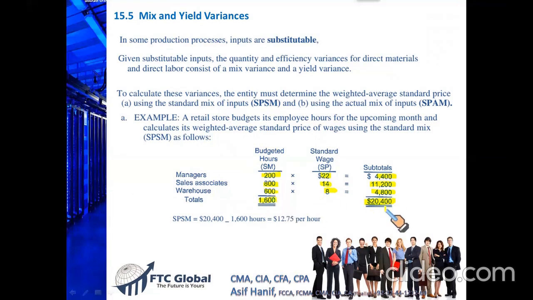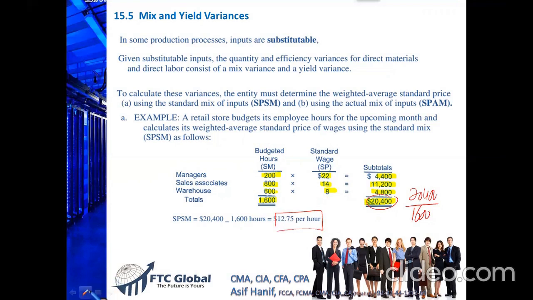Now, if you calculate the average rate, 20,400, our total estimated cost, divided by the total estimated number of hours of all these together, 20,400 divided by 1600, gives us 12.75, which is given right here.